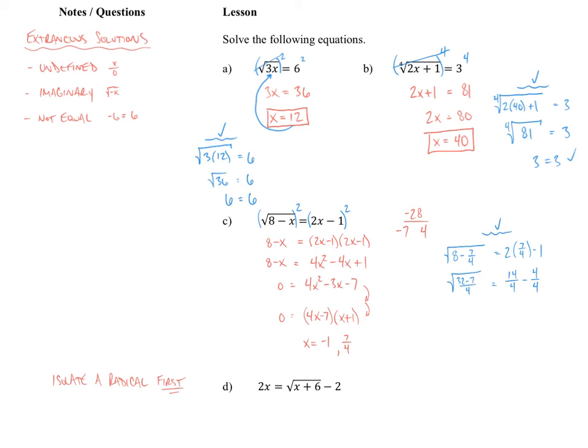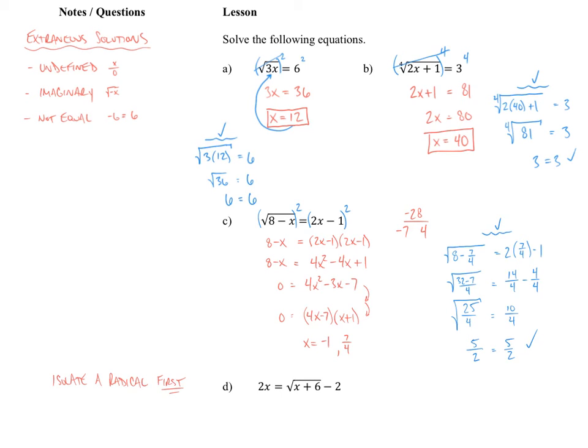So now I can simplify the left side of my equation here. I have the square root of 25/4, which is a pretty nice number because both 25 and 4 are perfect squares. And over here I have 10/4. So the left-hand side becomes the square root of 25, which is 5, over the square root of 4, which is 2. And the right side reduces also to 5/2. So that actually works. 7/4 is a solution. You may have thought that because that's a fraction that we're going to end up throwing that one out, but that's not the case. That one actually checks out here.